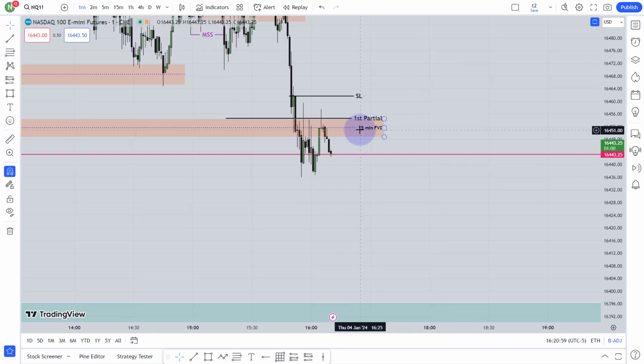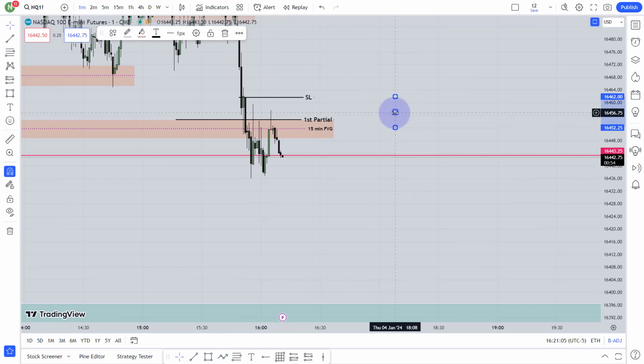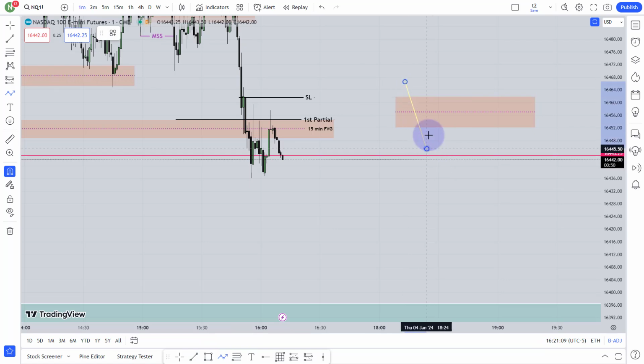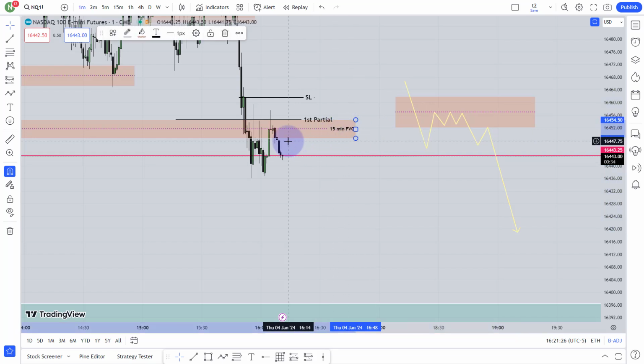So if it was inside the session, I would say please wait for this setup. Look at this setup. I already talked about this consequent encroachment retracement, something like this. Then price will go a little bit below the fair value gap, and it will come back again over here. You have to take your sell over there. If price comes back again to the low of this last fair value gap, that is the place for your sell entry.